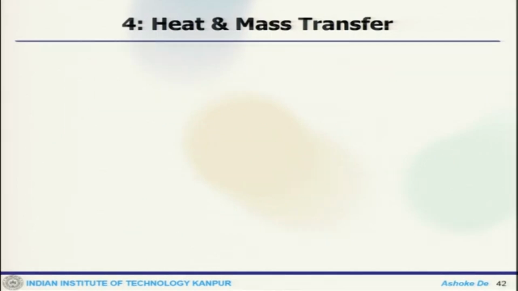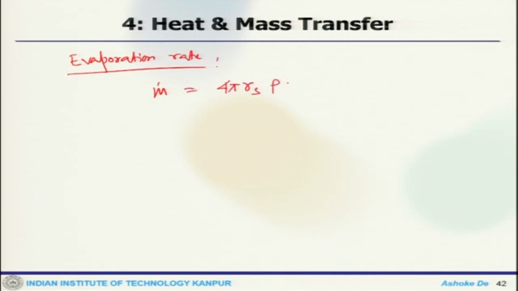So, that will lead us to calculate the evaporation rate, which gives m dot equals 4 pi r s rho d a b ln of 1 plus B y.